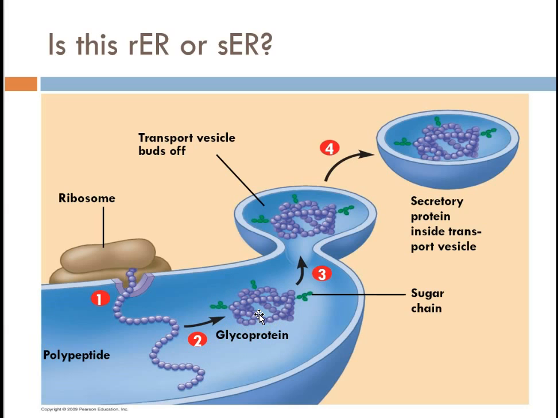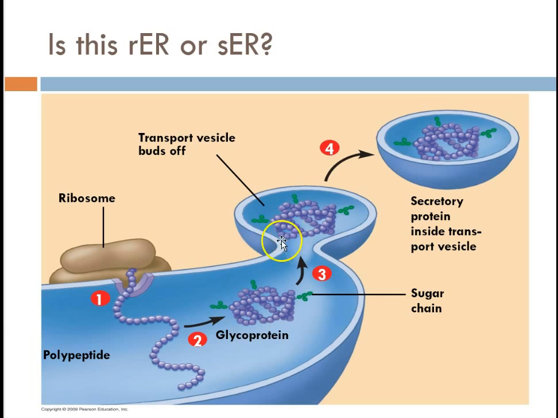Remember those primary, secondary, tertiary, quaternary structures? Well, this is the process of its folding, and let's say this is the finished product, the quaternary structure. You'll notice that, number one, there are these little glycoproteins on the outside of the protein. What they're designed to do is they're kind of like a zip code. They're telling the cell where to deliver it.